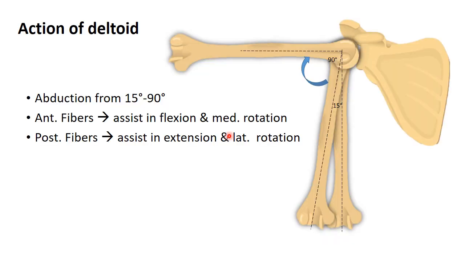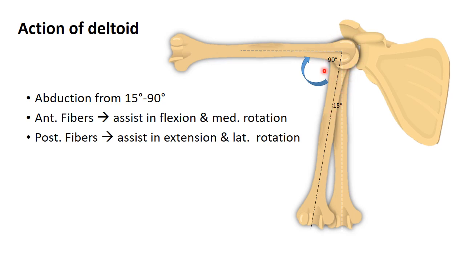Deltoid muscle is the main abductor of the shoulder joint. However, the range of abduction that the deltoid works on starts from 15 degrees onward up to 90 degrees. The abduction before 15 degrees, or the initiation of abduction, is done by another muscle that we will discuss later.